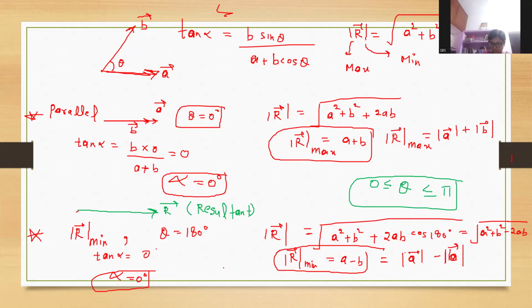So the A vector will be like this. In this case, theta is 180, which means the A vector is like this and the B vector is like this. Okay? Clear? Any doubt? No doubt, sir. So mod R is minimum.